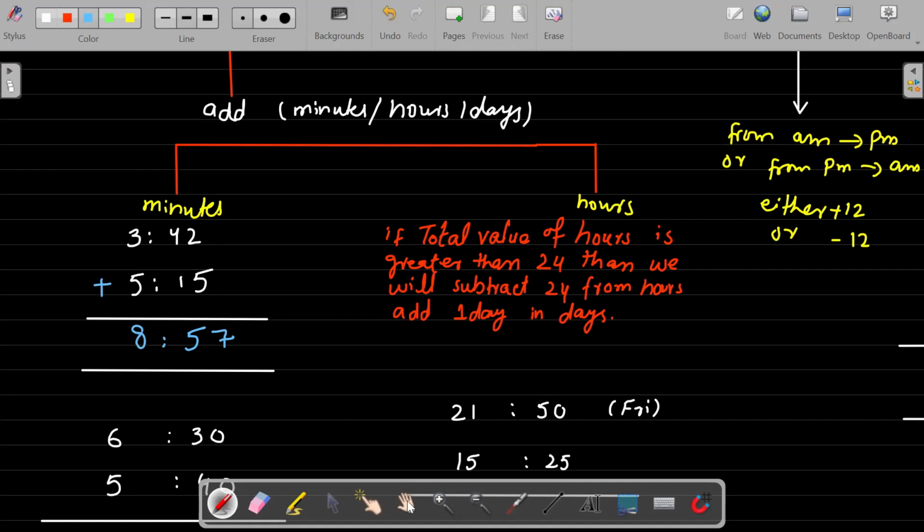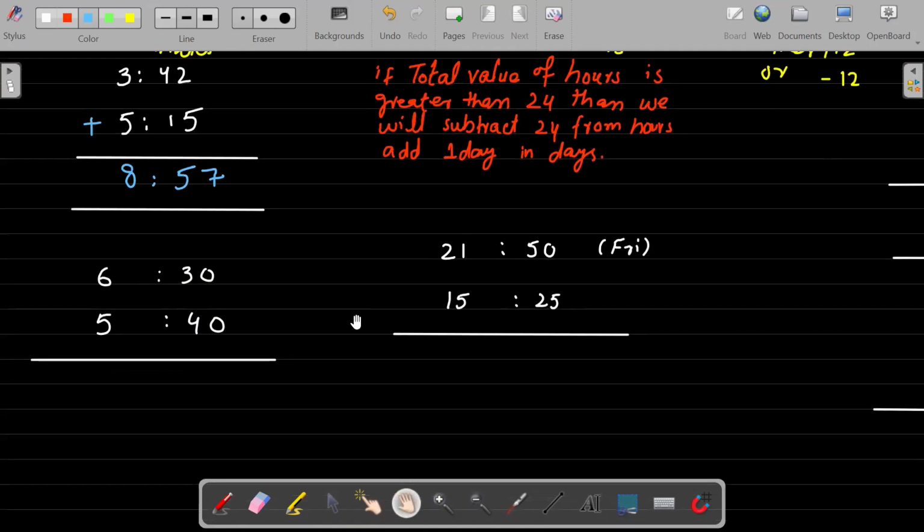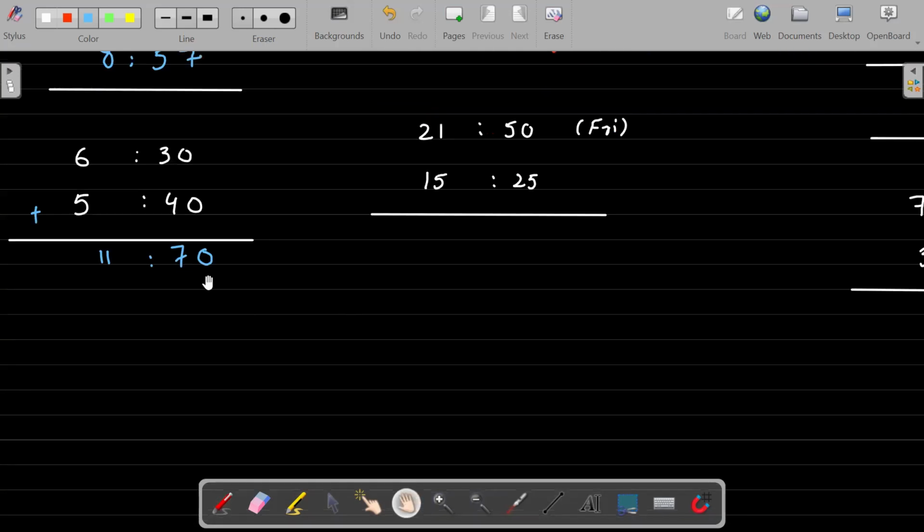In this question you are not going to see anything unusual or abnormal. Everything is fine here. But whenever I do this next question, you will see something different. By adding them up, 4 and 3 is 7, now 6 and 5 is 11. Look, this number 70 is way higher than 60, because our minutes cannot exceed 60.